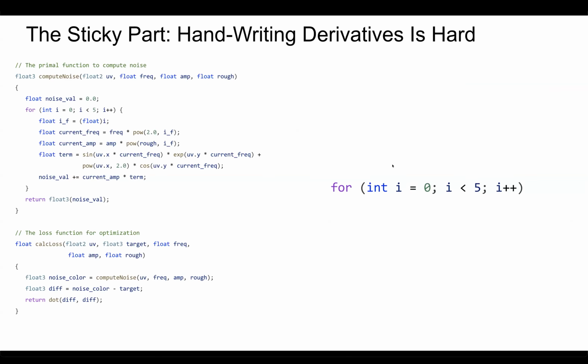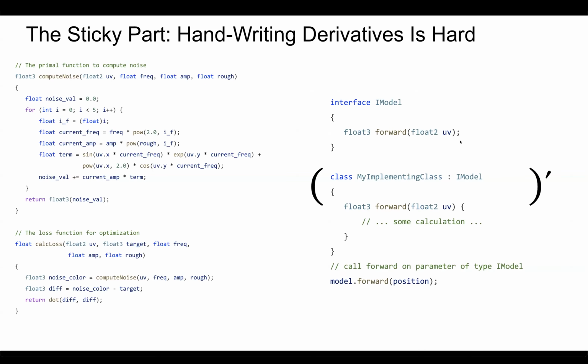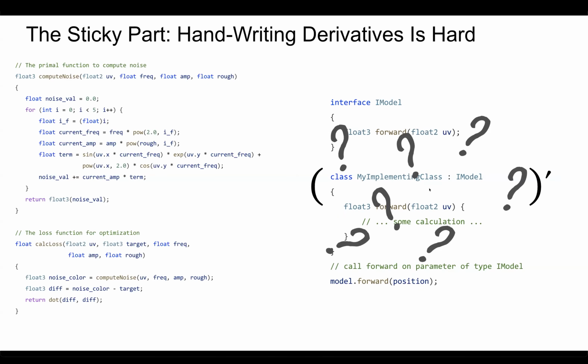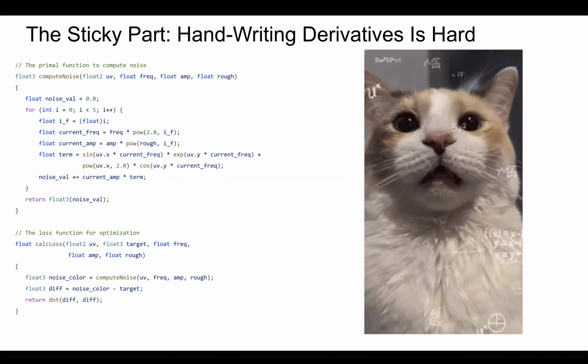And okay, there's a for loop. How do I take the derivative of a for loop? Or worse, what if it was a switch statement that branches on a parameter that I'm trying to optimize? Or what if I don't even know the concrete type until runtime, like with dynamic dispatch on an interface? That gets confusing real fast.